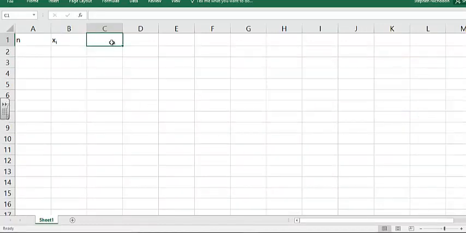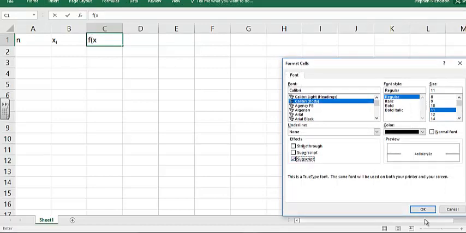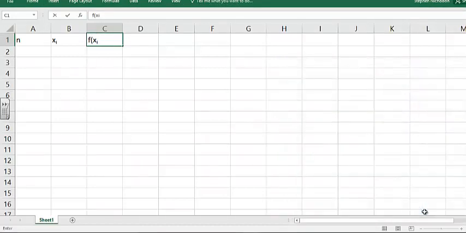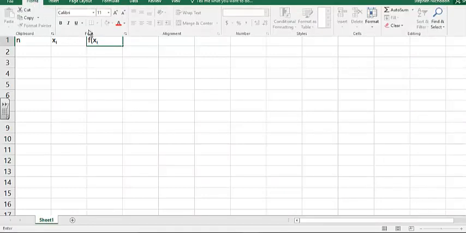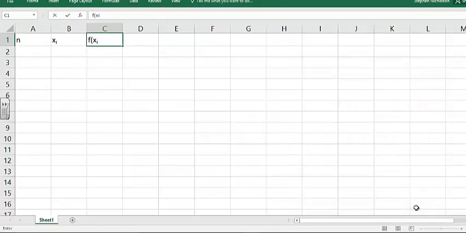And then we'll evaluate the function f of x sub i. Subscripts are annoying, especially in Excel. I'm going to copy this and paste it there so I don't have to fool with the subscript.